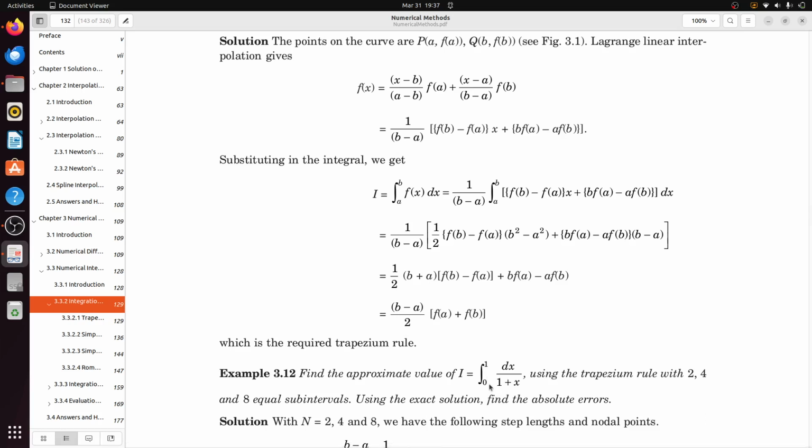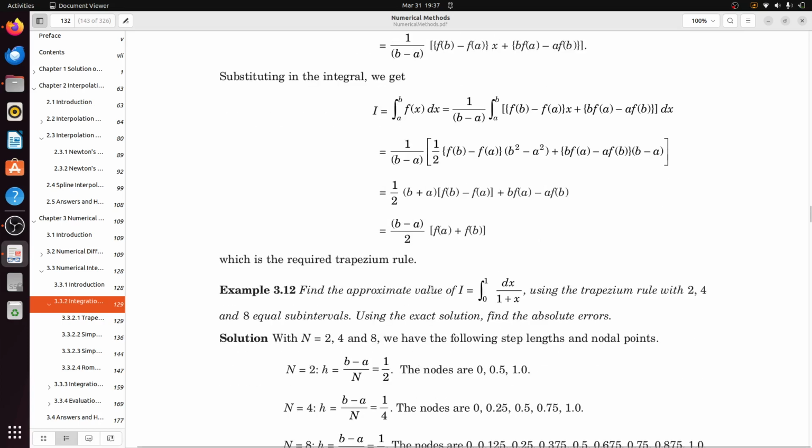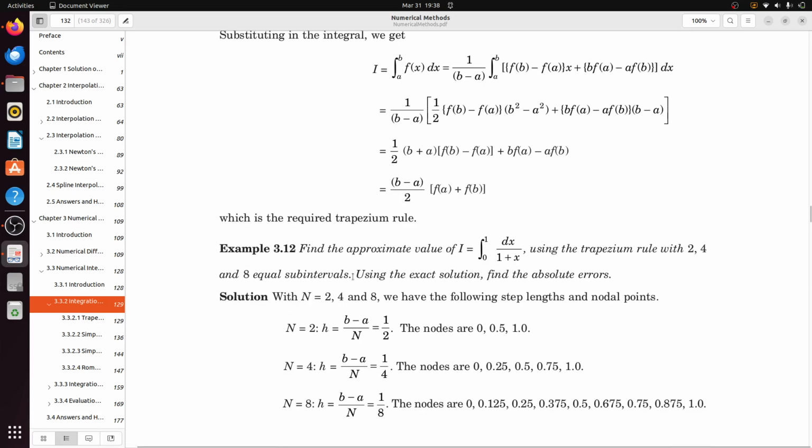So 0.5 by 2 into f of 0 plus 2 into f of half plus f of 1, and f of 0 is 1, f of half you just determine, 2 by 3 I think, then plus f of 1 is once again half. You just put it, you will determine the error. Priyanka, determine it. And here also you can actually determine the actual integration.